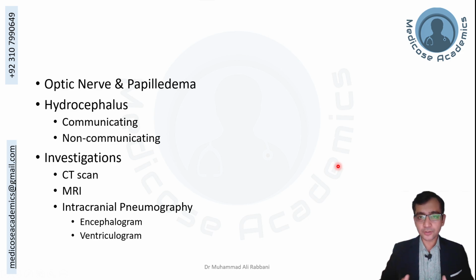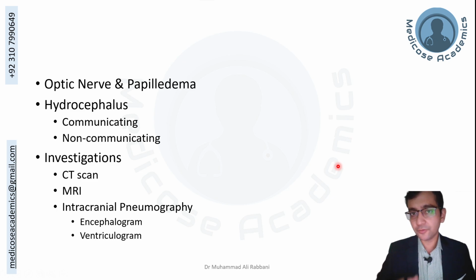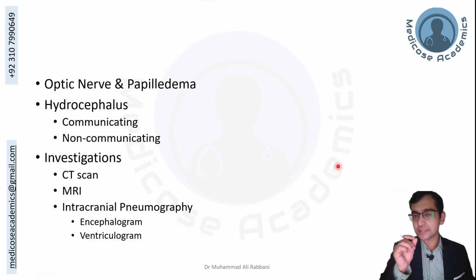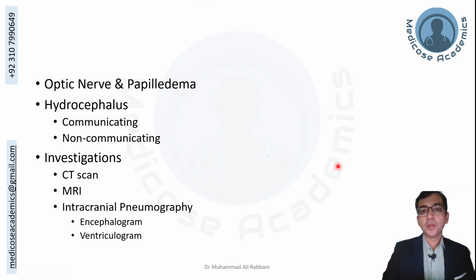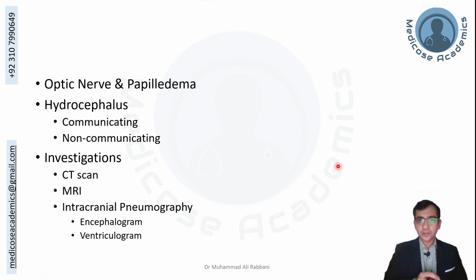So if there is high hydrostatic pressure of CSF, it compresses the optic nerve, which in its center contains the central canal and there are veins too. If those are compressed, then the vessels of the retina, especially the veins, become expanded. So papilledema is there.